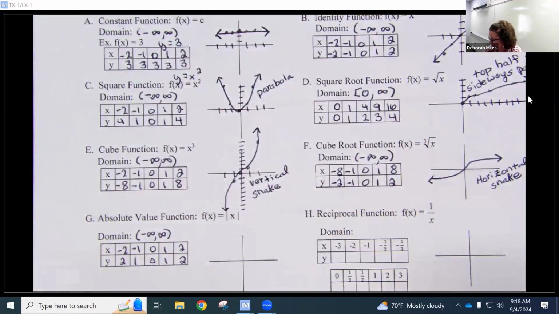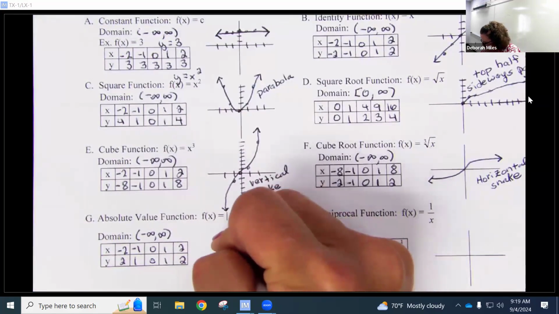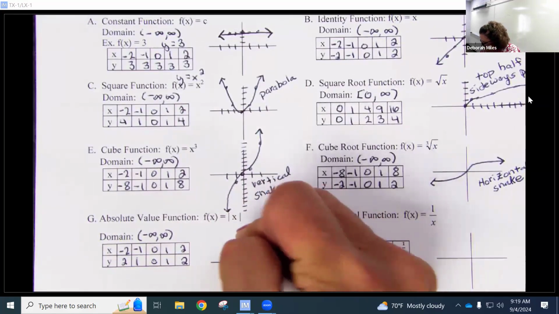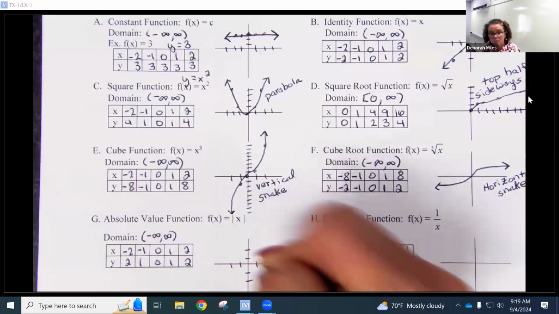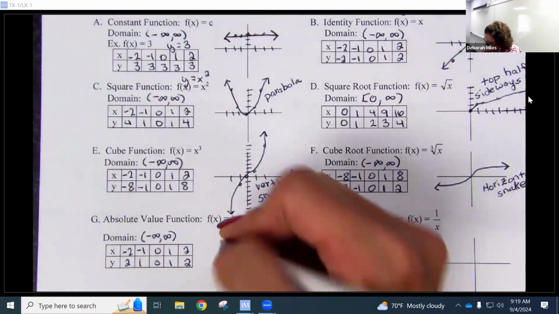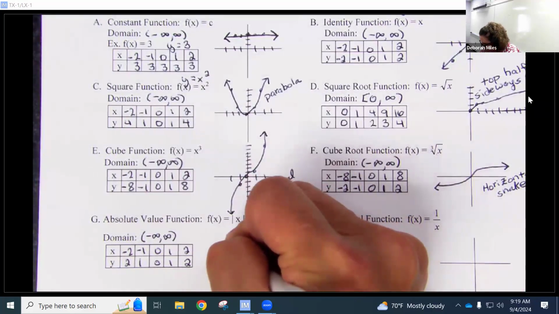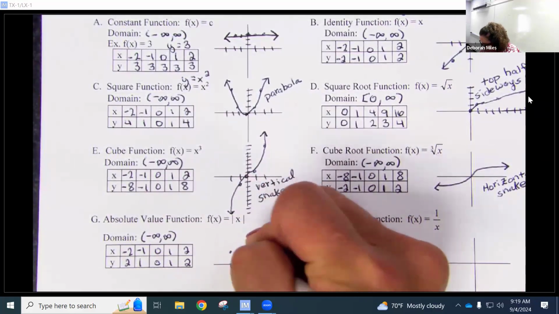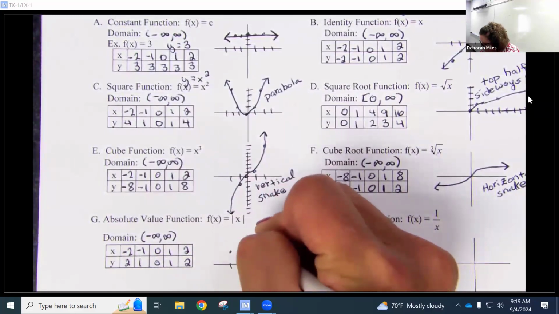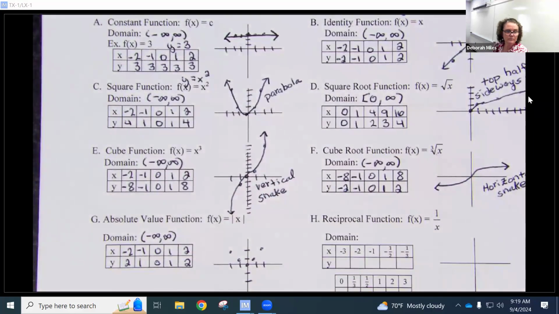And then graph those 5 ordered pairs: -2, 2; -1, 1; 0, 0; 1, 1; 2, 2.